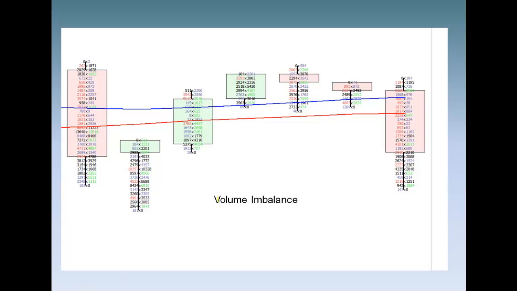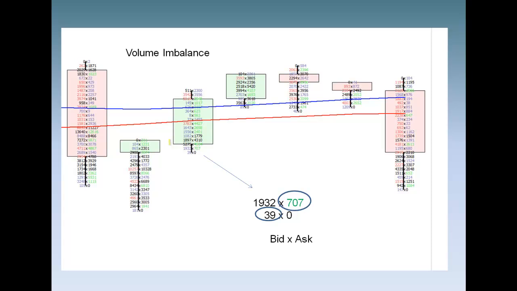Market Delta has also introduced another key type of footprint based on volume imbalance. And I like the concept of volume imbalance very much because it is more in alignment, more in harmony with what is really happening in the market. And basically what the volume imbalance shows us is, rather than looking at the bid and ask on a horizontal level, it looks at the difference between the bid and ask on a diagonal level.